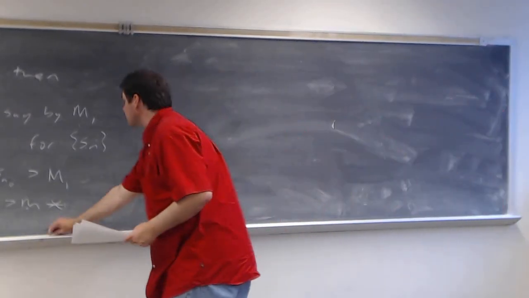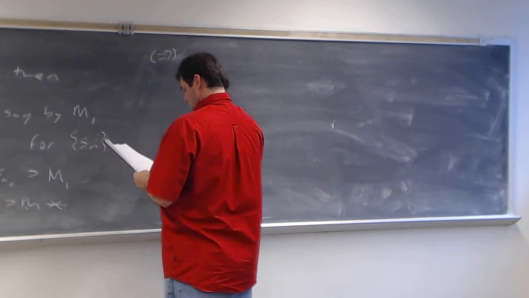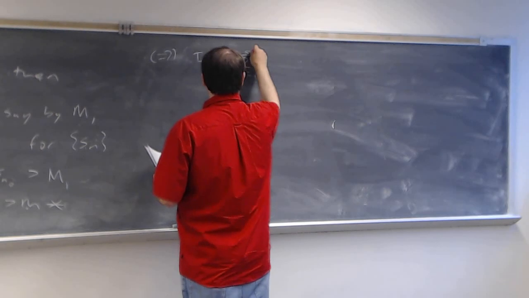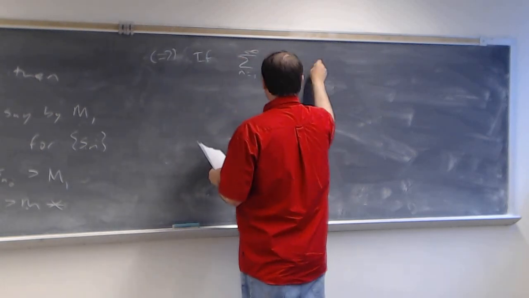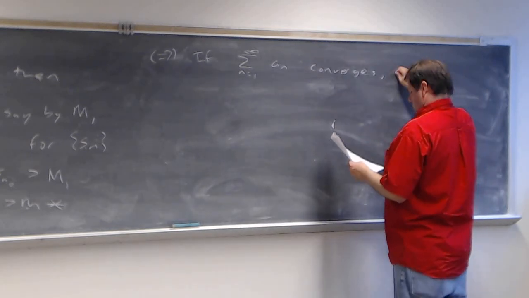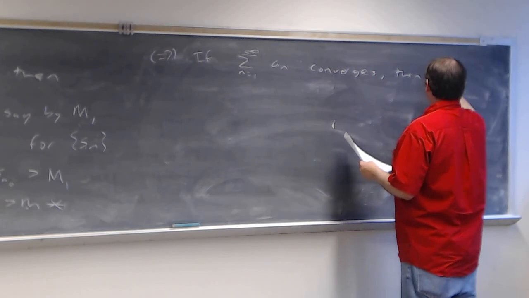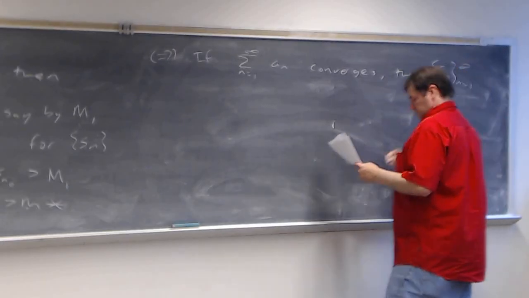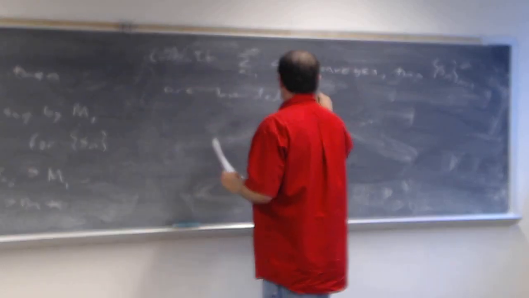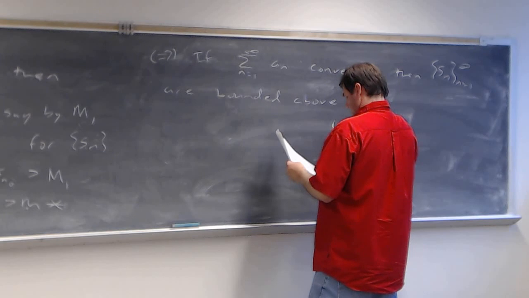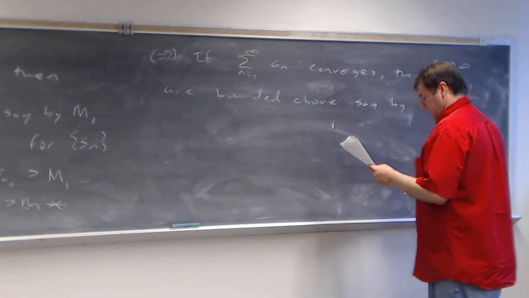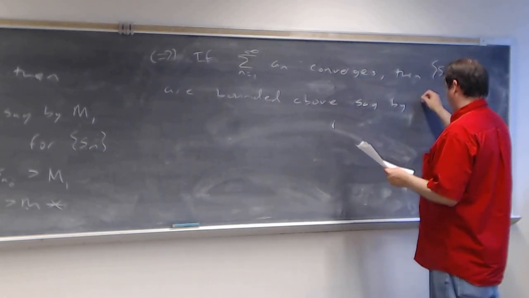Okay, going in the other direction, it says if the series as n runs from 1 to infinity of a sub n converges, then the sequence of partial sums S of n for that series are bounded above by some number, and here I'm going to call it m sub 1 again.